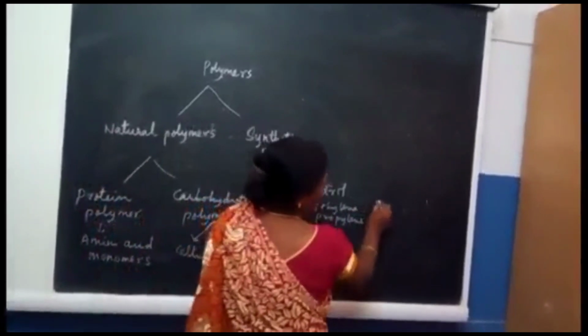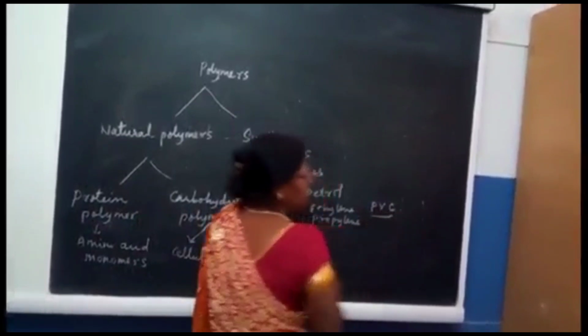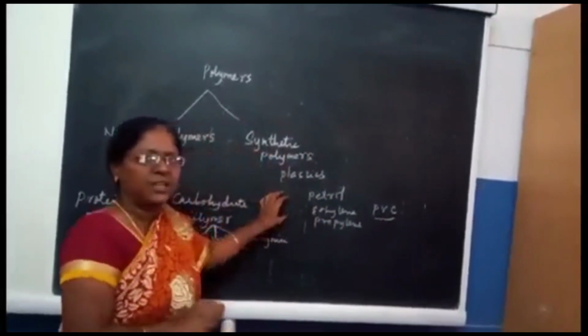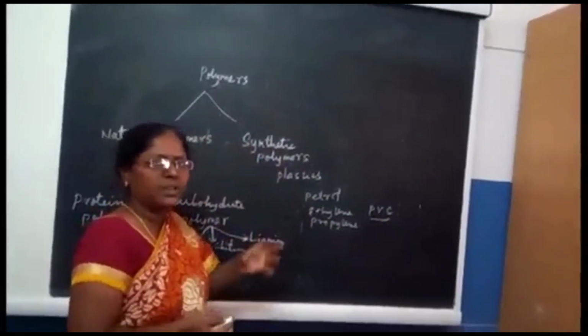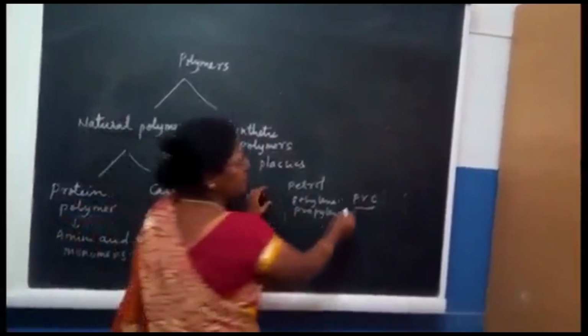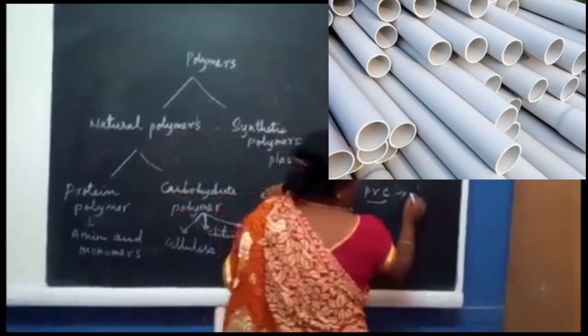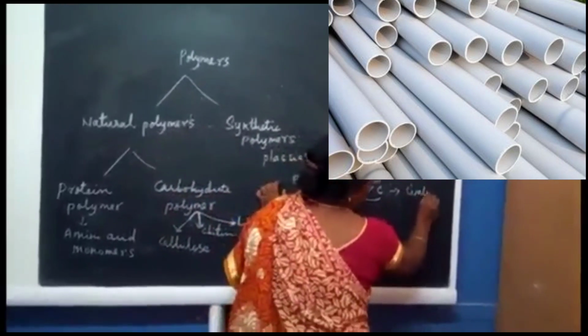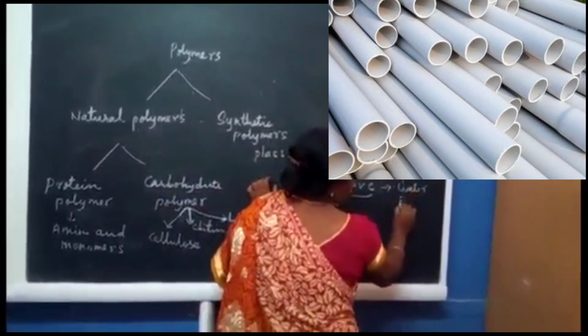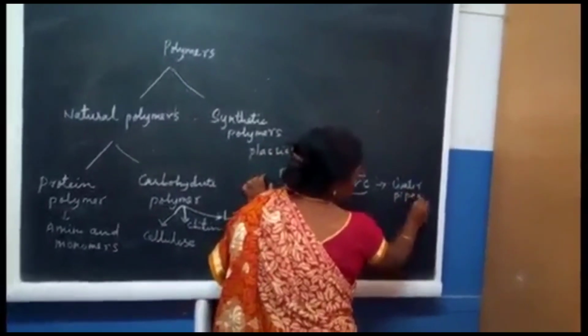Next comes PVC. PVC means polyvinyl chloride. Many monomers are linked together to produce this PVC and it is used for water pipes.